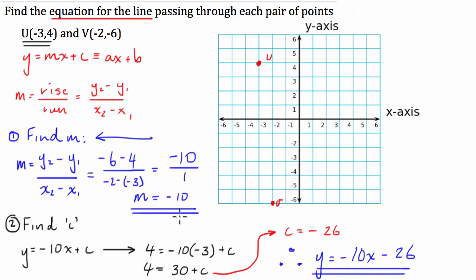Once we've found it, we substitute it into our function, then we substitute one of the points into the function, and we solve for c. Once we've done that, we'll get our answer. It's not a very complicated process. It doesn't take too long. And once you've done that, you may need to draw the actual linear equation on the graph. And there we have it.